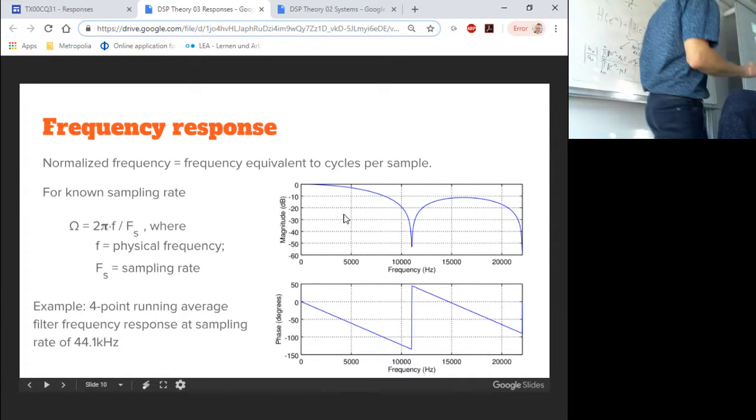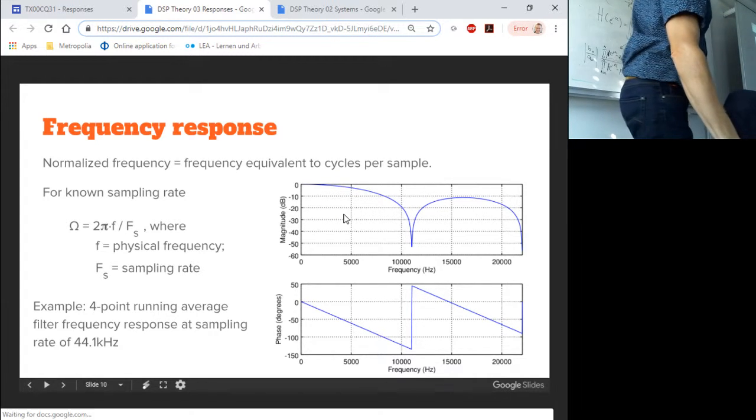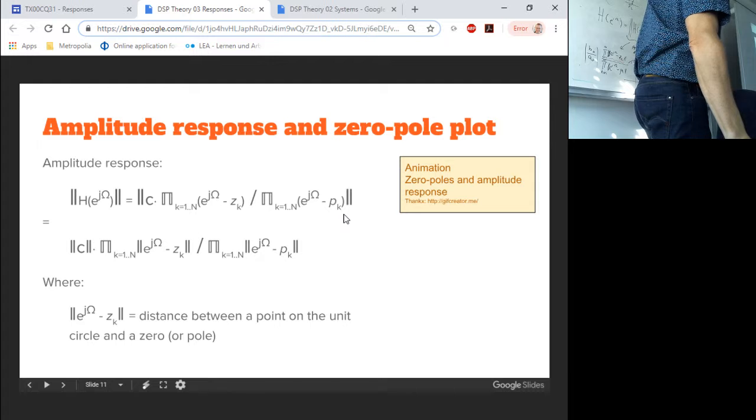But anyways, when calculating the frequency response, this omega here is the normalized frequency, meaning pi equals the sampling rate over 2, and 2 pi is exactly the sampling rate. And I already described that one.